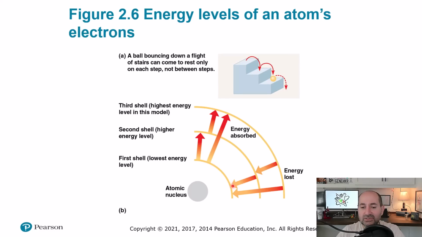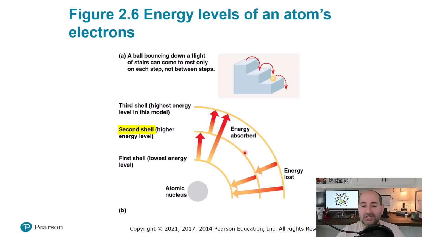Here you can see this is the atomic nucleus of an atom. Electrons can exist in what is known as the first shell. Remember that cloud of electrons? There'll be electrons in this shell, and those are known as the lowest energy electrons. Then we go to the next shell.